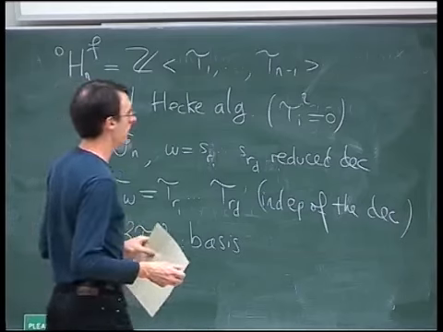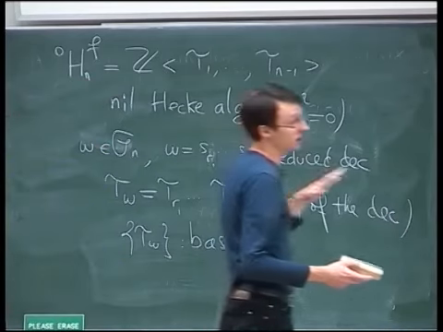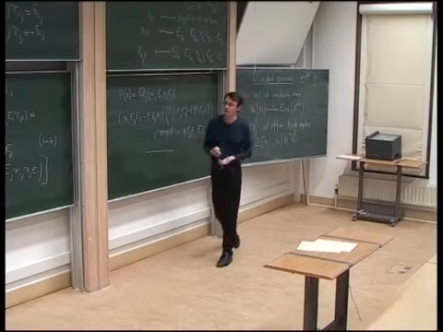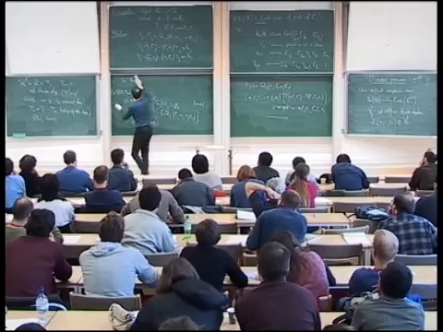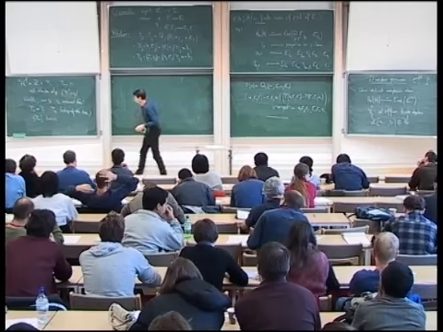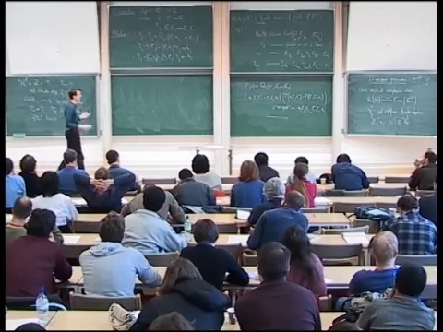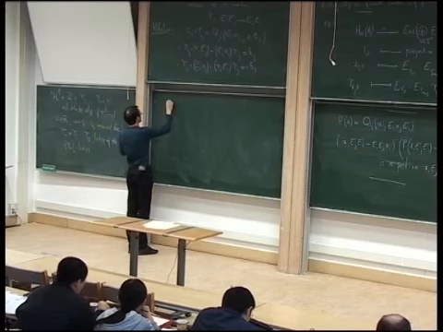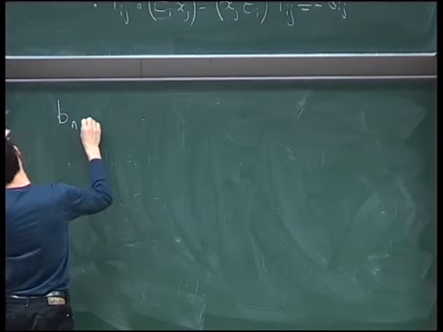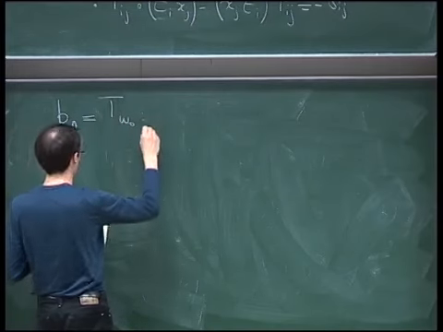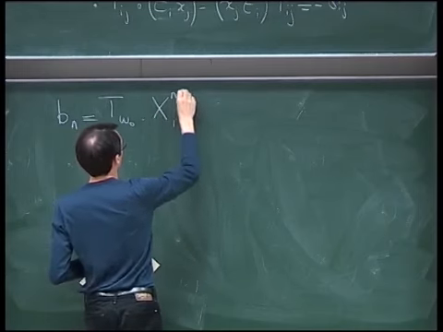And now I want to define an element. These algebras are very easy to deal with, extremely easy. They are actually Morita equivalent to just polynomial rings. All these things are classical facts that are in the literature. The best way to see it is to define an idempotent b_n to be tau_{w0} times x_1 to the n-1, x_2 to the n-2, and so on.